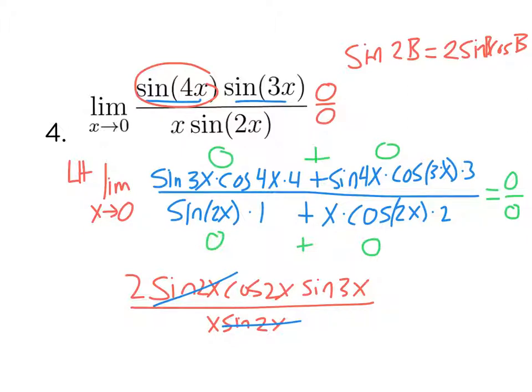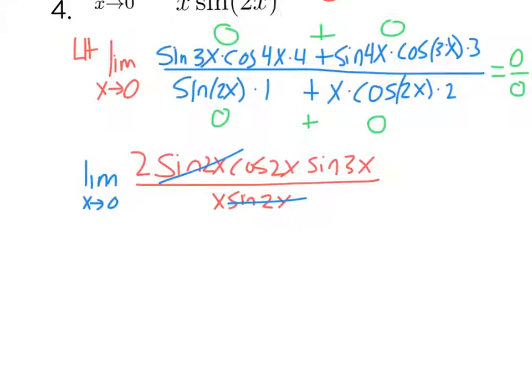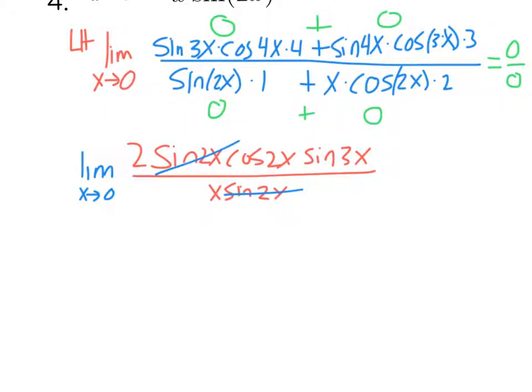Still not an ideal looking problem, but now you might notice that if I take the limit as x approaches 0, we have 0 over 0, but now if we L'Hopital, the bottom is just going to be 1. And that's a much more palatable thing for us.